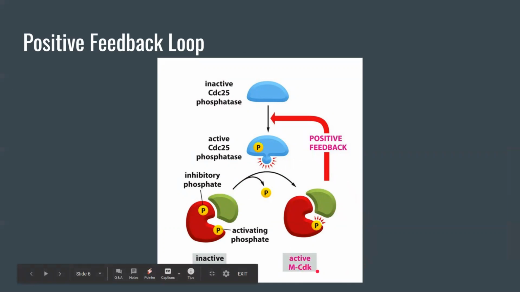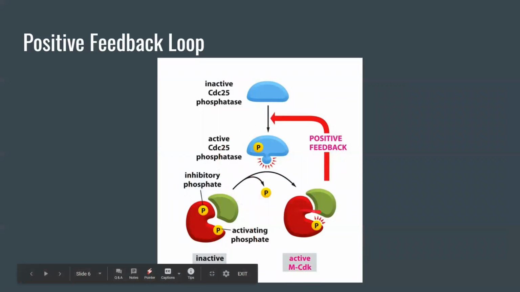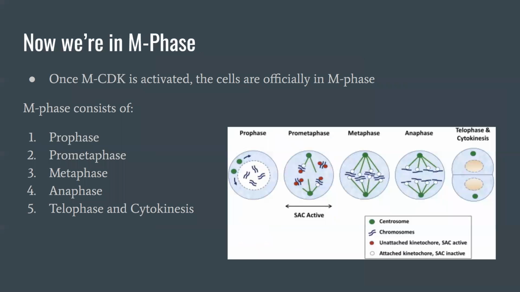Active MCDK can now phosphorylate CDC25 itself. Because now it's active, it can phosphorylate this CDC25, so now CDC25 is fully active. It can take off more phosphates from the WEE1 position and lead to more active MCDK, which can then phosphorylate more CDC25. This loop leads to quickly rising levels of MCDK. So that's the positive feedback loop for levels of MCDK complexes.